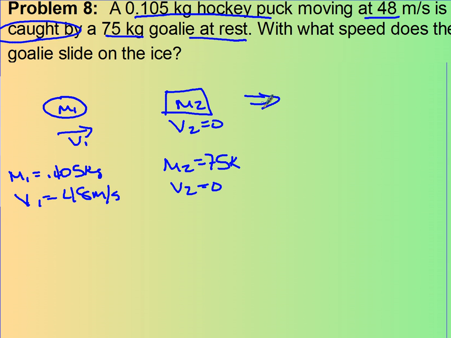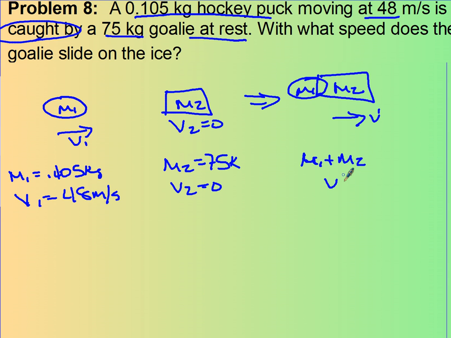There's a collision. Now the understanding is the goalie catches the hockey puck, so we're going to put these together, and they move off with some final velocity. So my final mass is going to be M1 plus M2, and I'm looking for V prime.